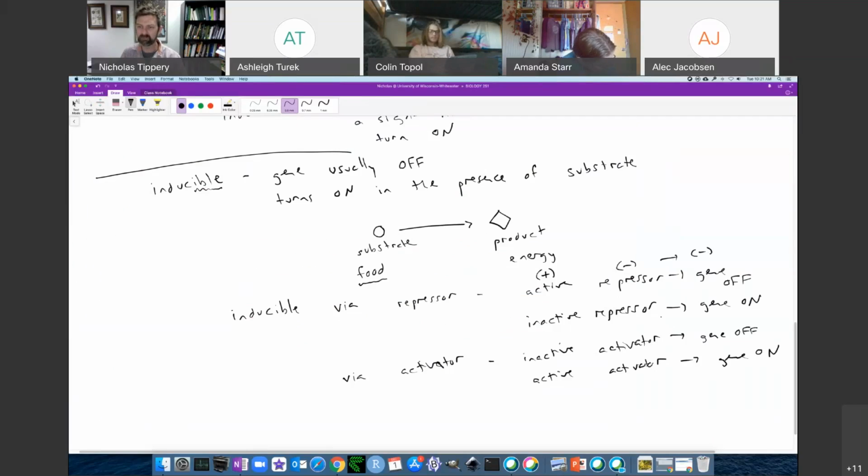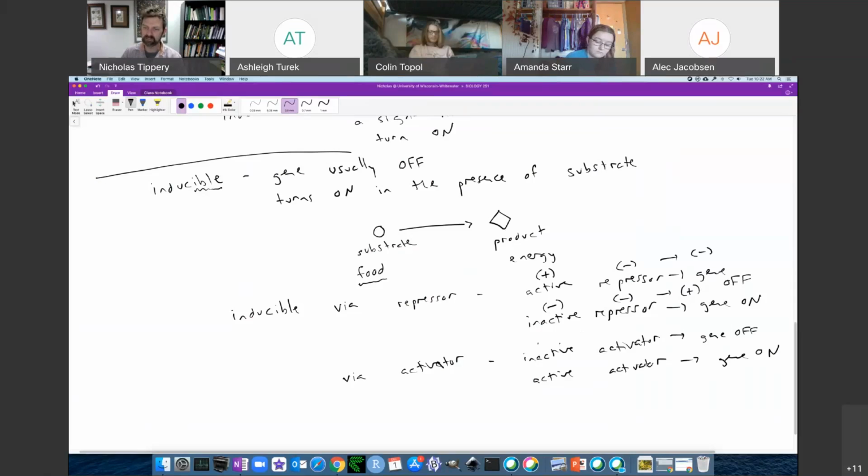Back to algebra class. You have an inactive or a minus on a repressor, which is a minus, then minus times minus is a plus, right? Multiply a negative number by a negative number, you get a positive number. So inactivating the repressor gets you the gene turned on. So plus for gene on, minus for gene off.